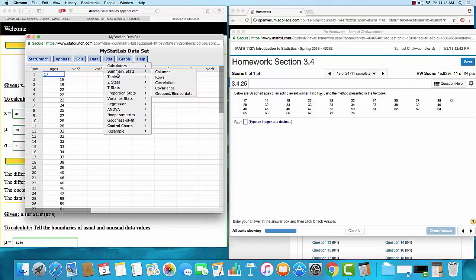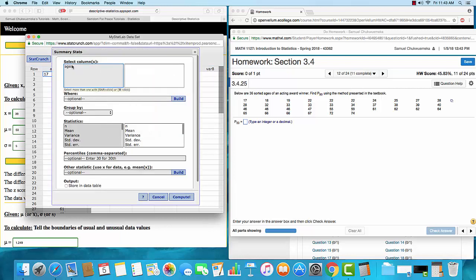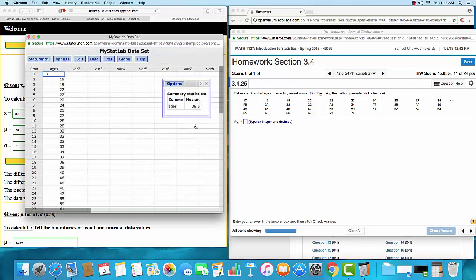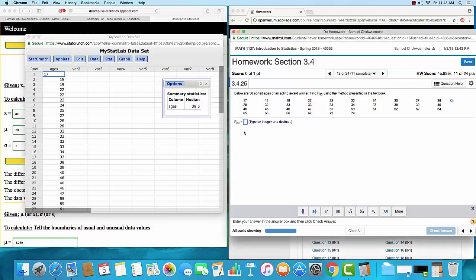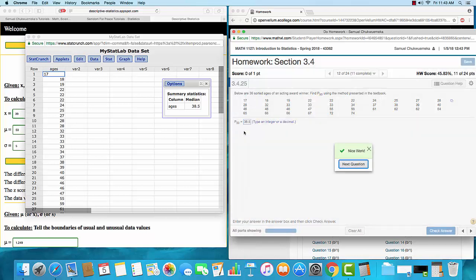Go to Start, Summary Stats, Columns, select ages, and we're just looking for the median. If you want to, you can also type 50 here. It gives you the same thing. You click compute. So the 50th percentile is your median, and that is 38.5.